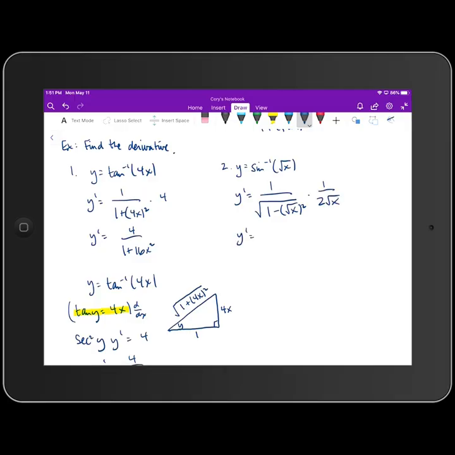So that's going to make y prime, when we simplify, 1 over 2 rad x times rad 1 minus x. And then you can leave things in that form, or on bottom you have the option as well of, because you're multiplying two radicals, you can take that product and combine it under a single radical. So if I distribute x across both those terms, we get rad x minus x squared. That's probably the most simplified version for that derivative.